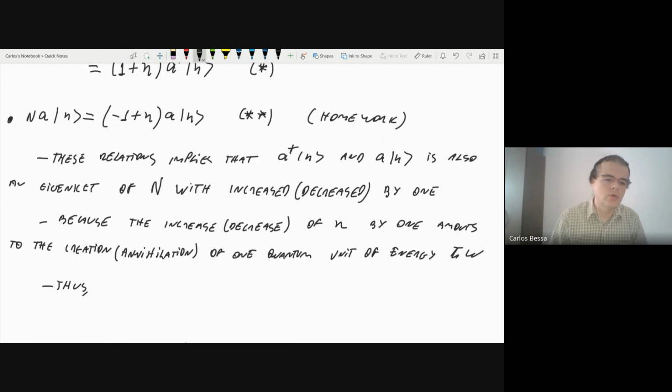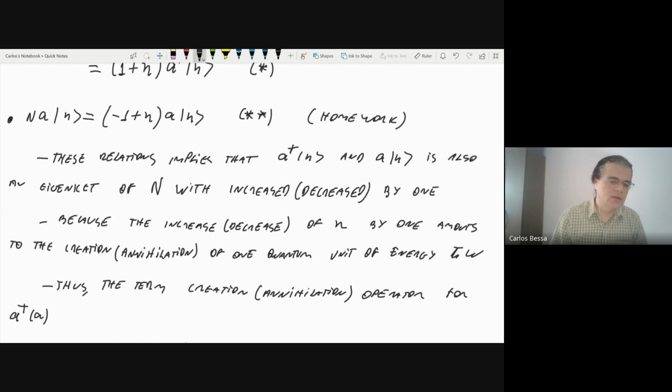So the term creation or annihilation operator for a dagger and a is appropriate.